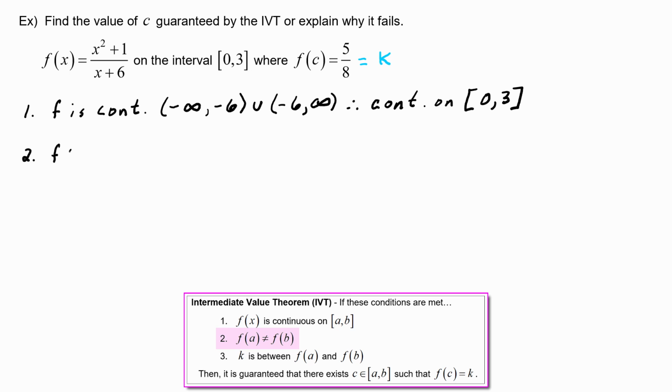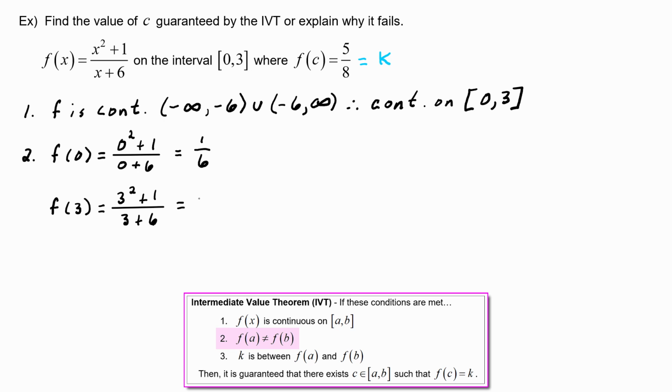So f of 0 is equal to 0 squared plus 1 over 0 plus 6. So that's equal to 1/6. f of 3 is equal to 3 squared plus 1 over 3 plus 6.